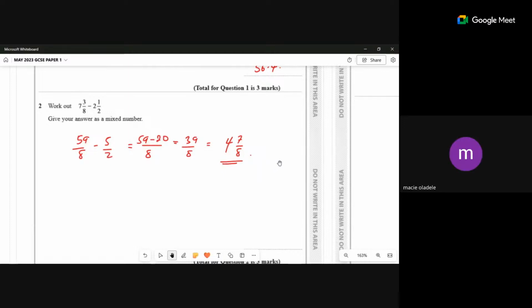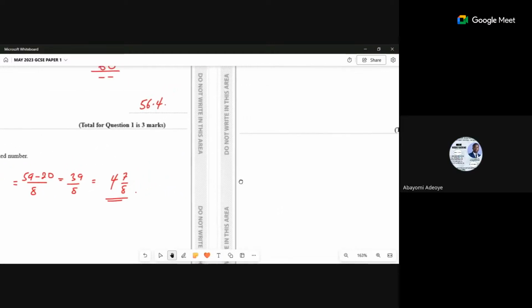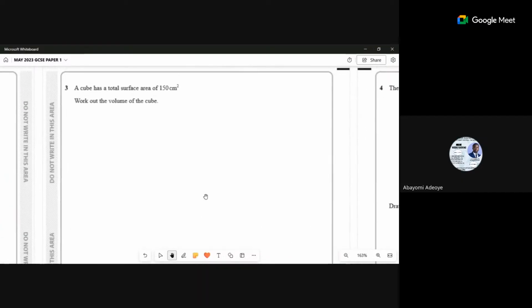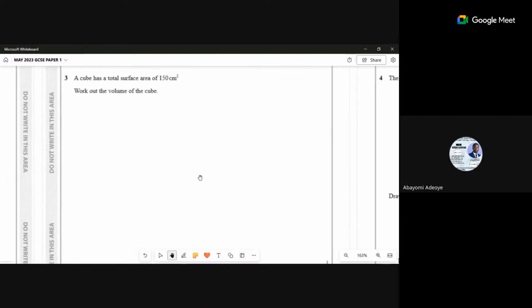So, number 3. The cube has a total surface area of 150 centimeters squared. Work out the volume. What's the volume of a cube? Is it just length times width times height?